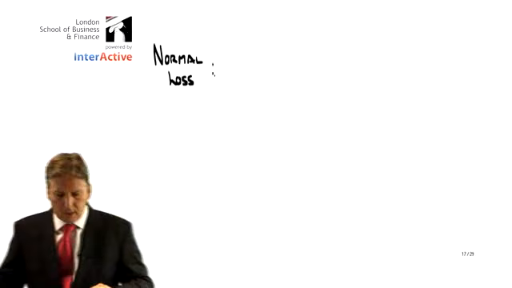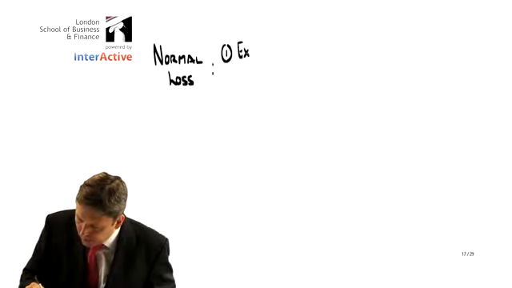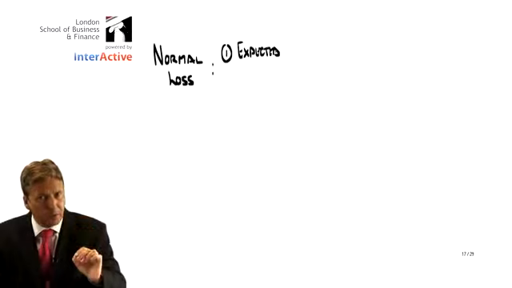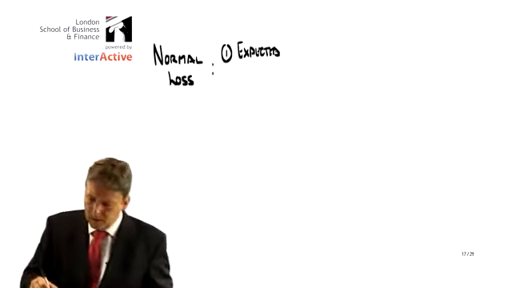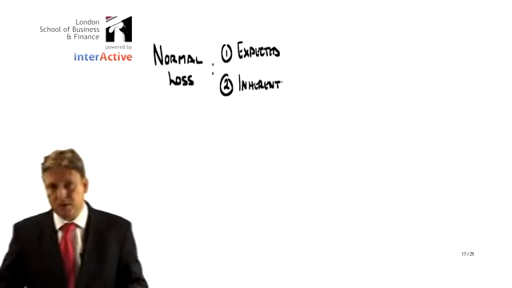So if you are going to discuss normal loss, the two things that I would say about it is, one, it is expected to occur. If you wish, it is expected to occur during efficient operation. However good we are, the normal loss will arise. Secondly, it is a part of the process. If you wish, it is inherent to the process.